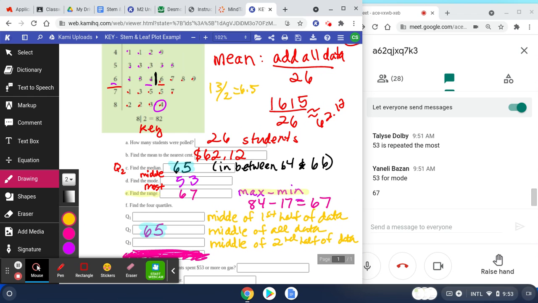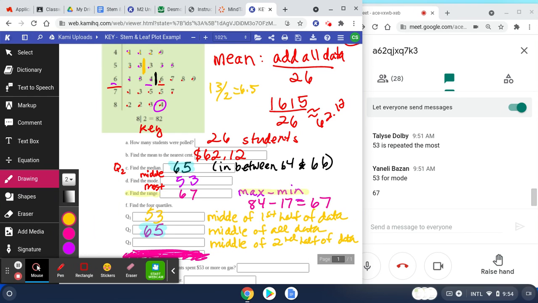So I have to go after the 6th piece of data and before the 7th piece. So 1, 2, 3, 4, 5, 6. My Q1 is going to be in between 53 and 53. Well, that's easy. It's just 53 because that happened right on my mode.